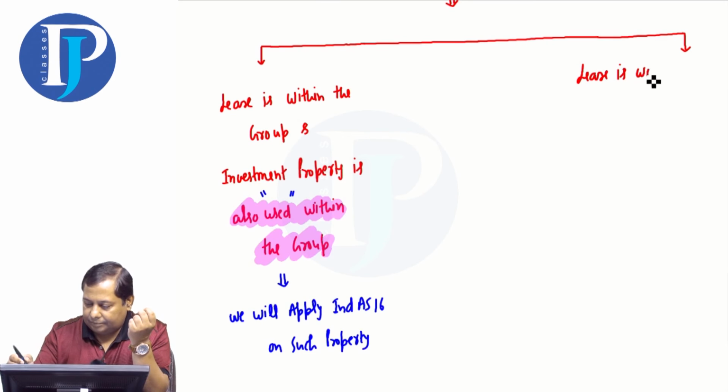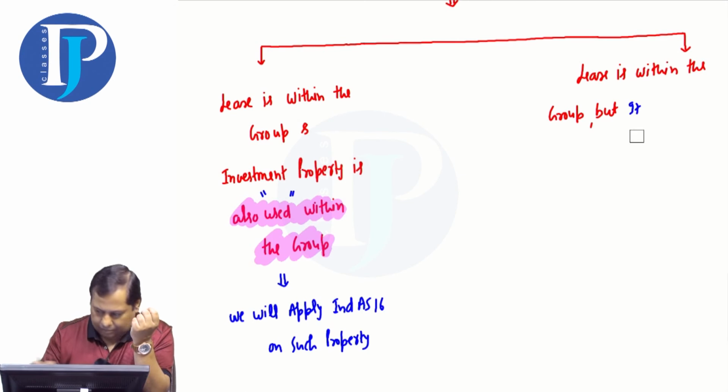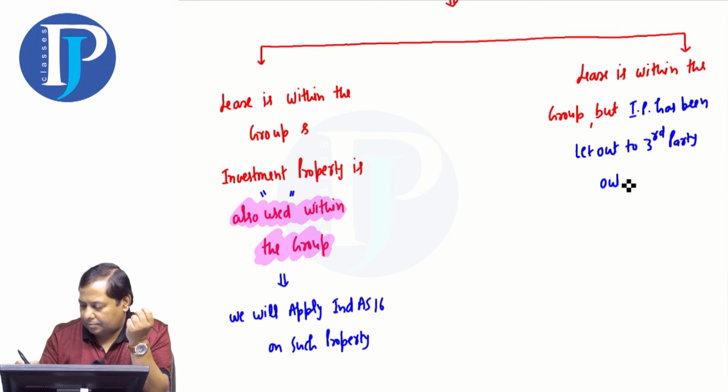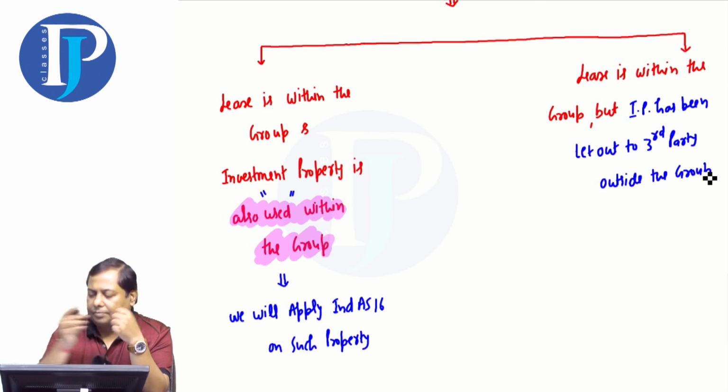The lease is within the group, but investment property has been let out to a third party outside the group.